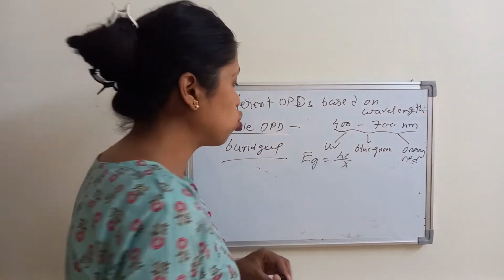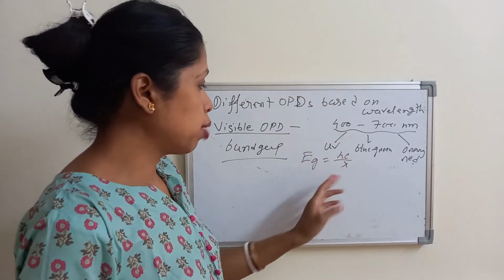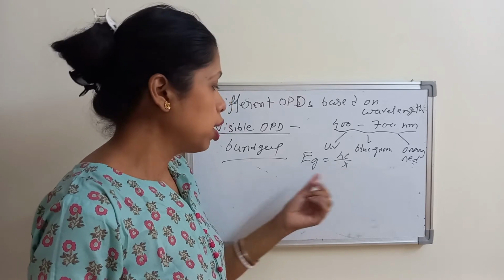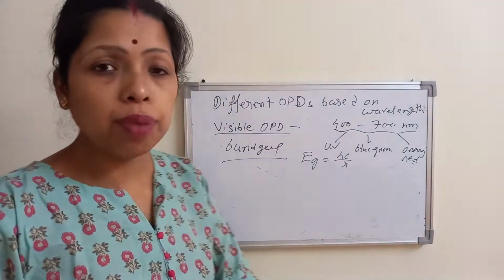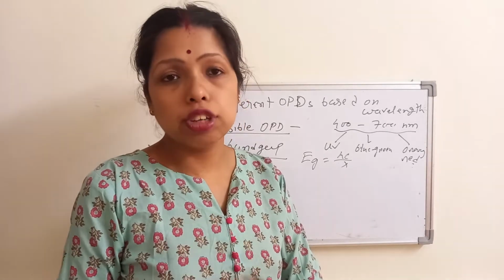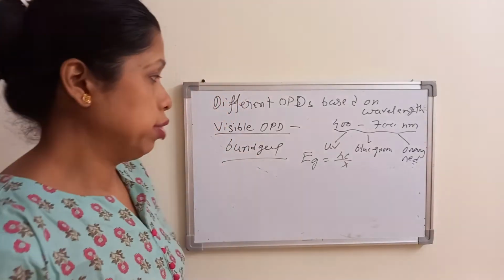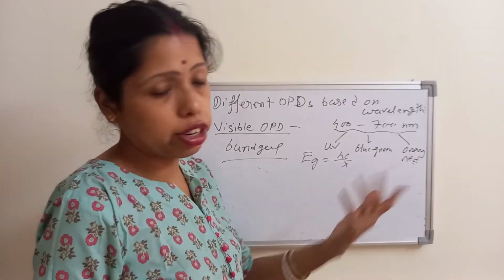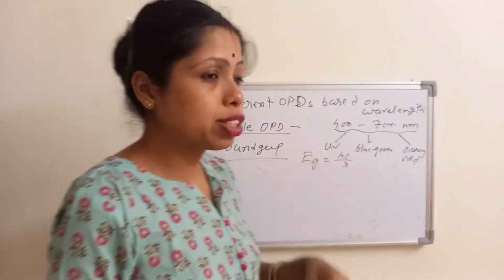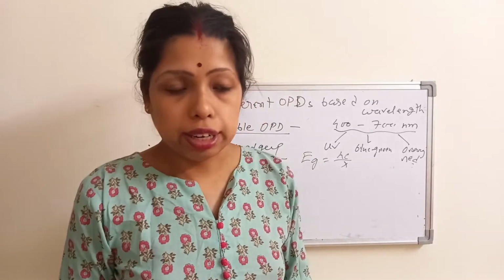If you want to design the UV photodetector, by putting in the UV wavelength we can calculate the band gap of the semiconductor. Accordingly, we can choose a kind of semiconductor, right? So for blue and green light and for red light, mainly the band gap is one of the important parameters. So I will discuss some literature survey.